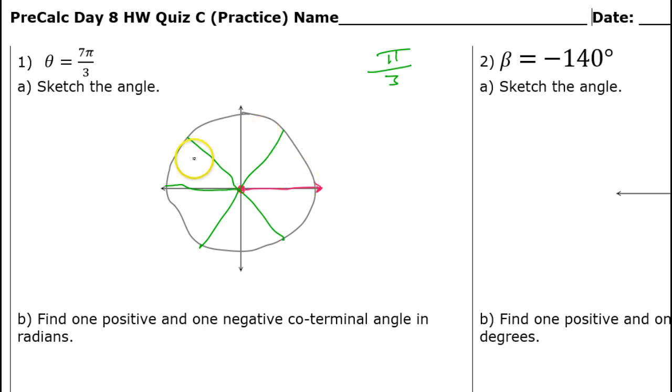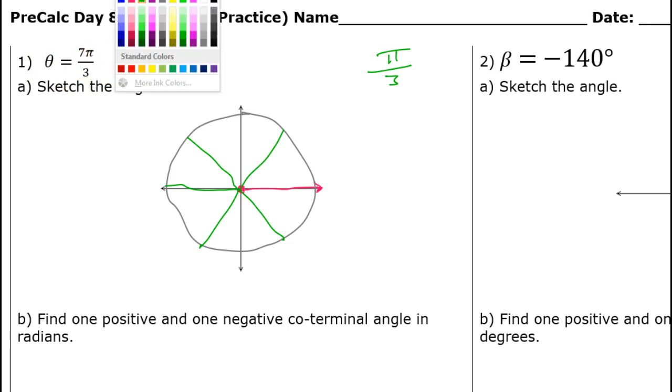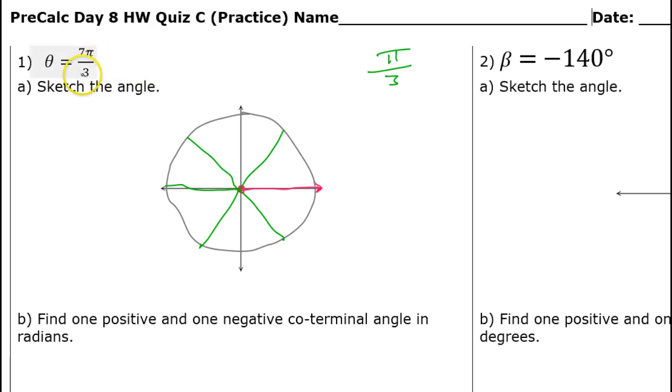So these sections are all pi over 3. This helps me visualize, because if I want to show 7 pi over 3, this is 1 pi over 3, 2 pi over 3, 3 pi over 3, 4 pi over 3, 5 pi over 3, 6 pi over 3, 7 pi over 3. So here is 7 pi over 3 right here.